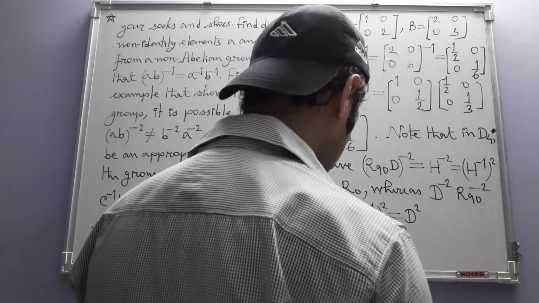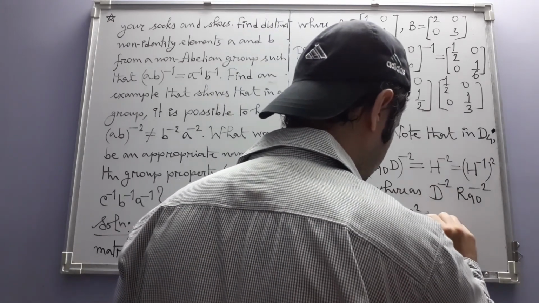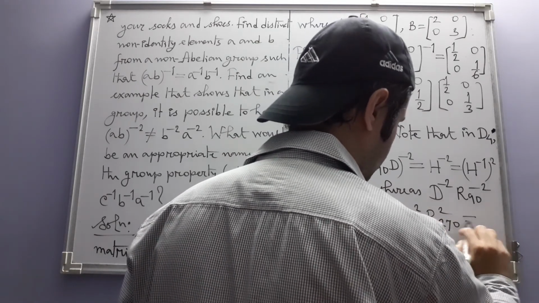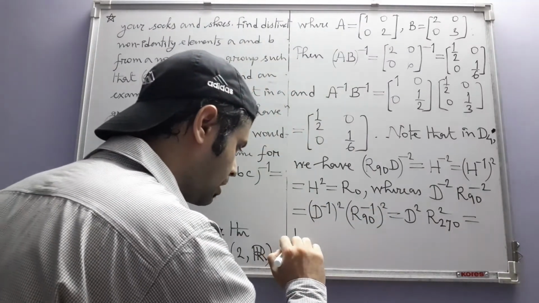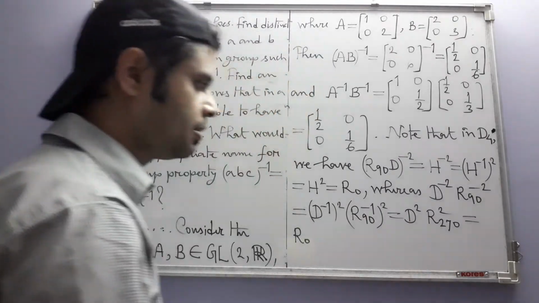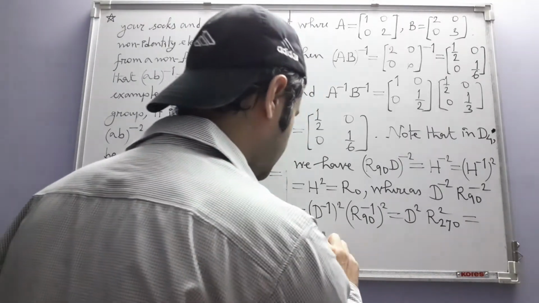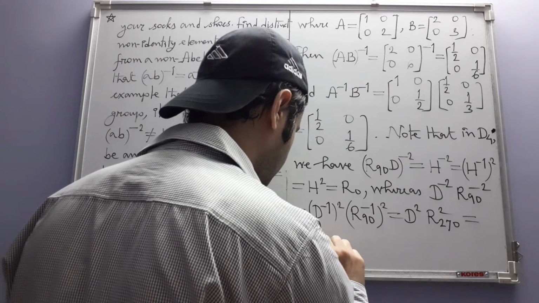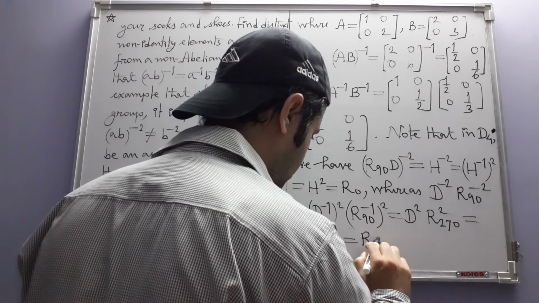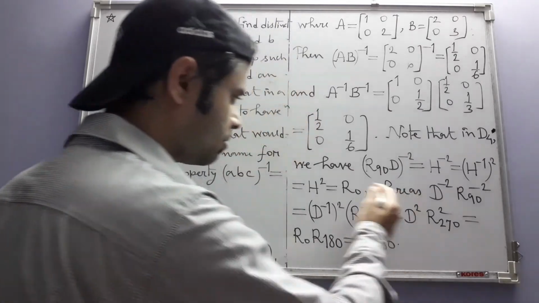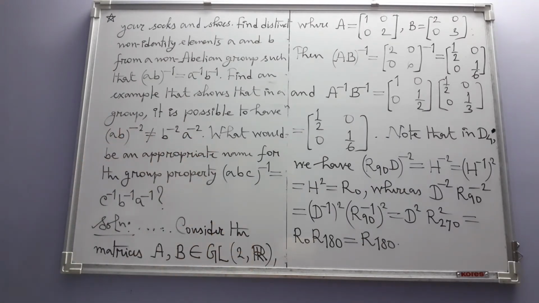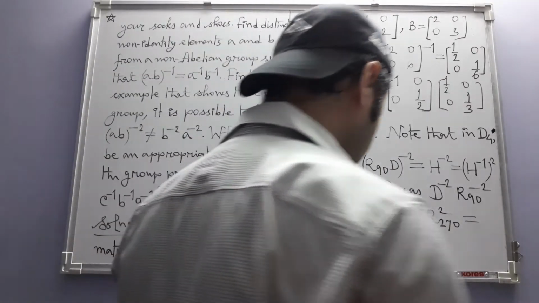R90 inverse turns out to be equal to R270. Now this becomes R0, again since D is a reflection, and R270 square becomes R180. It does not become R0. So ultimately we have R180, which is not equal to R0. So this non-equality is satisfied for this particular example.